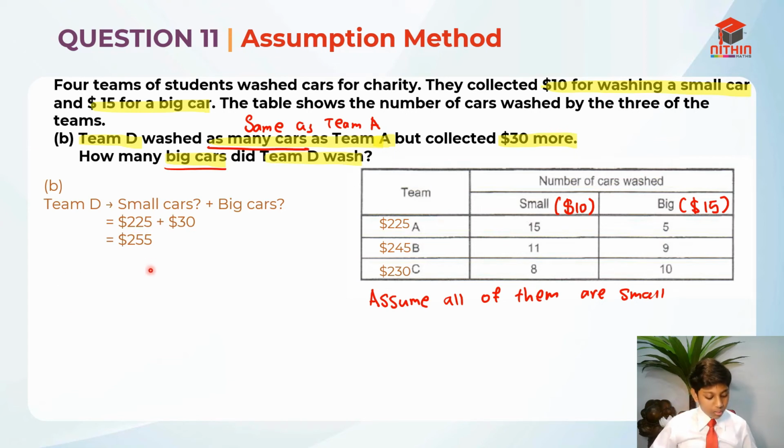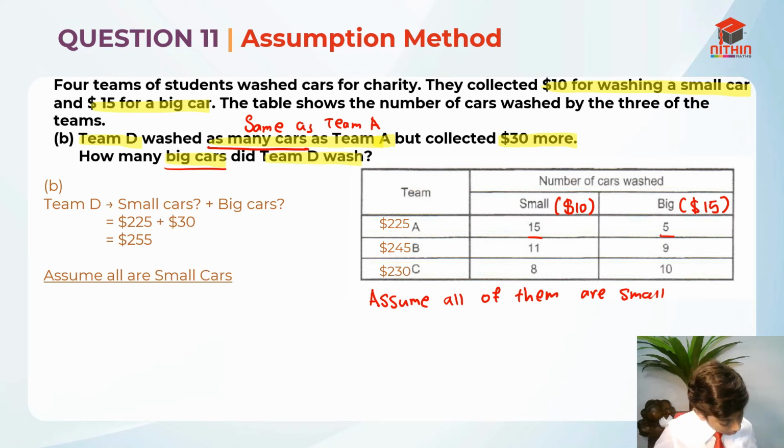Okay, now is where we go into the assumption. So like I put over here, assume all are small cars. So what we do is, team A has how many big cars and how many small cars? Team A has 15 small and 5 big. So how many cars does that make?